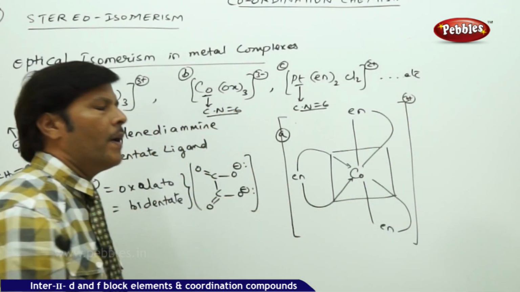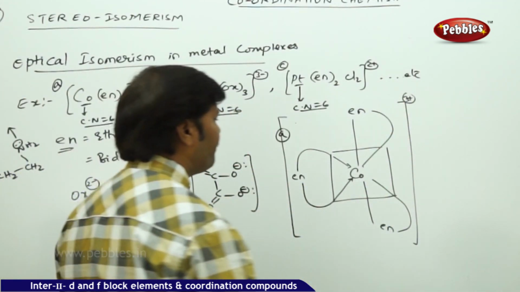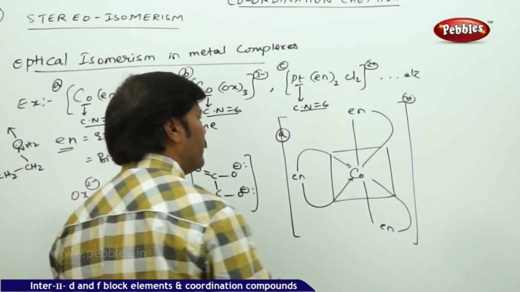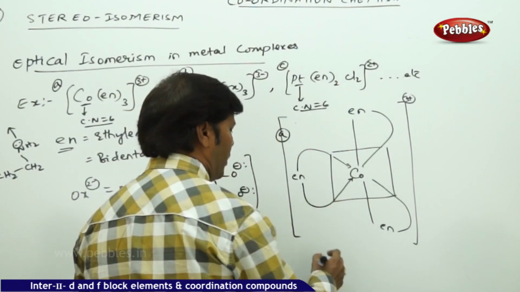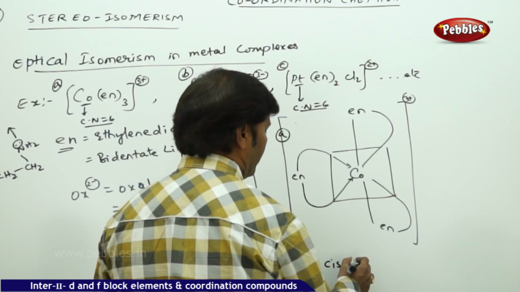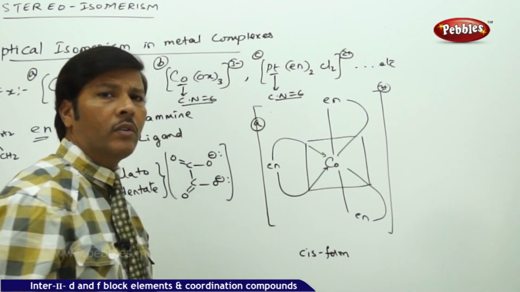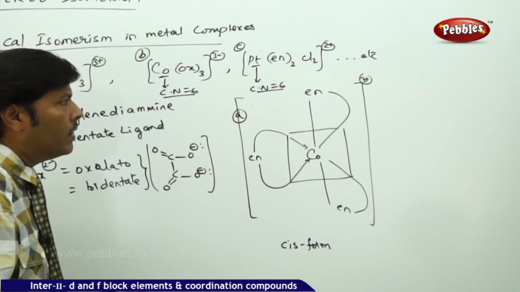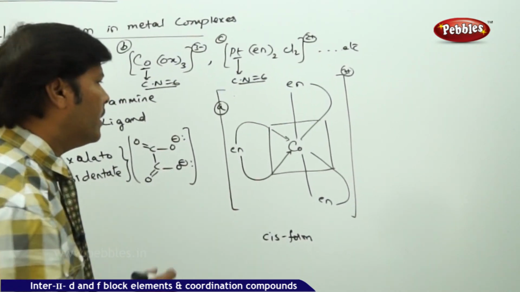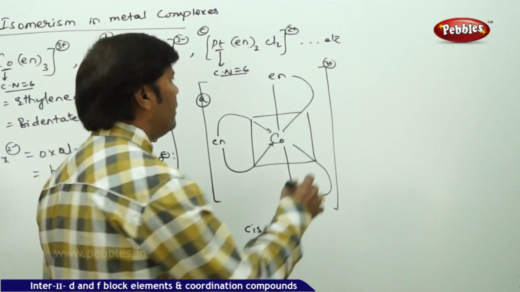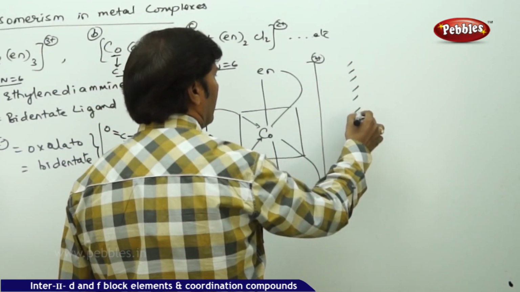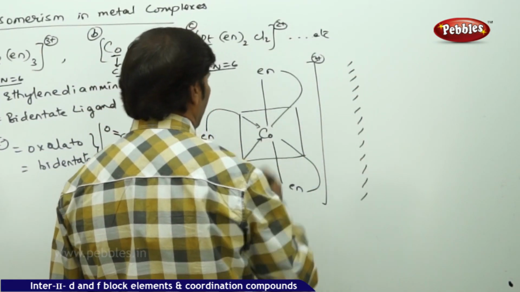I can say that this is definitely the cis form of the geometrical isomer, tris(ethylenediamine)cobalt(III) complex. You place a mirror, and when you place a mirror over here, you find that there is an interchange taking place.